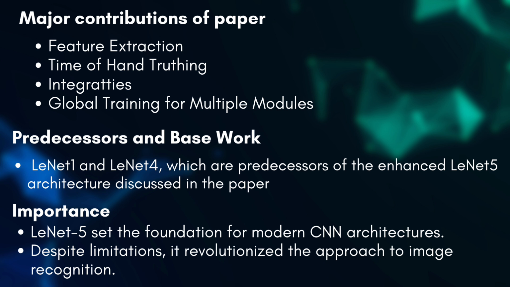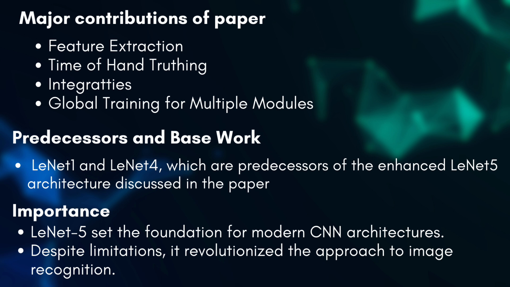One of the major breakthroughs introduced in this paper is the Graph Transformer Networks, GTN. These networks globally train multiple modules, including segmentation, recognition, and linguistic models, all at once. This global training approach results in significantly improved performance, especially in real-life tasks like reading documents or checks.